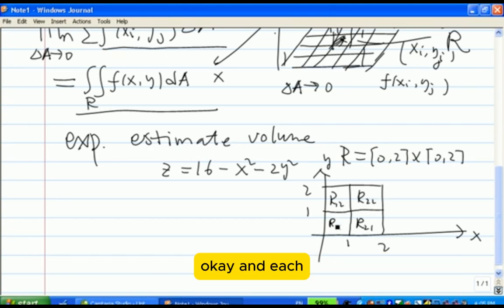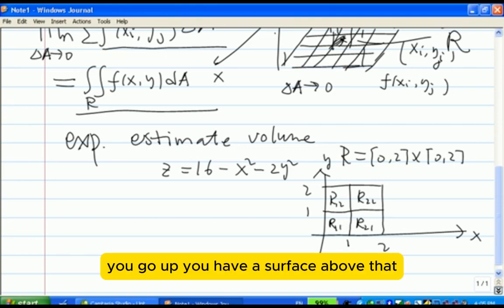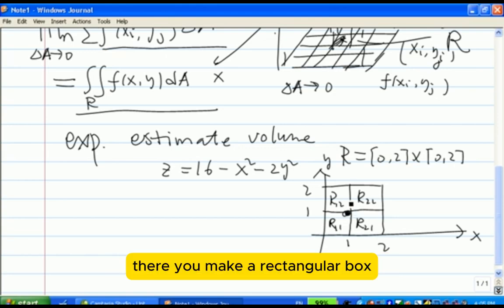Imagine you have a surface above these squares, and above R11, for example, you go up and there is a surface above it. For R11, we use the upper right corner and use the function value there as the height. Then you make a rectangular box.